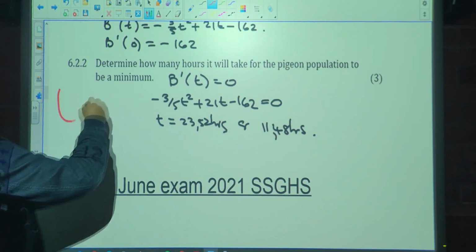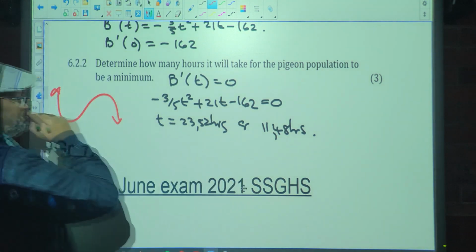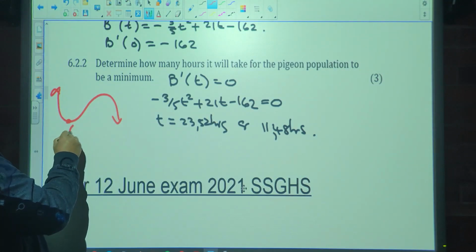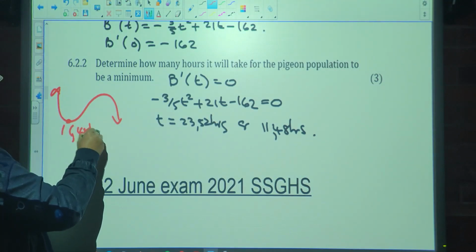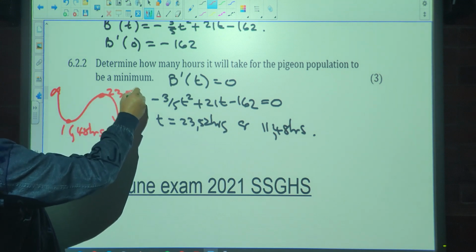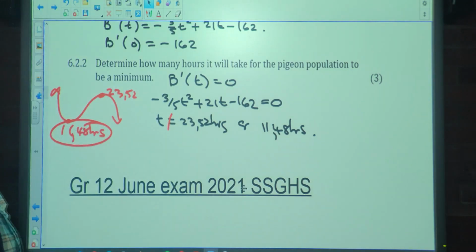So remember, one is a maximum, one is a minimum. So the minimum will precede the maximum. So that is going to be your 11.48 hours. This maximum is going to be 23.52 hours. So after 11 and a half hours, the pigeon population will be a minimum.